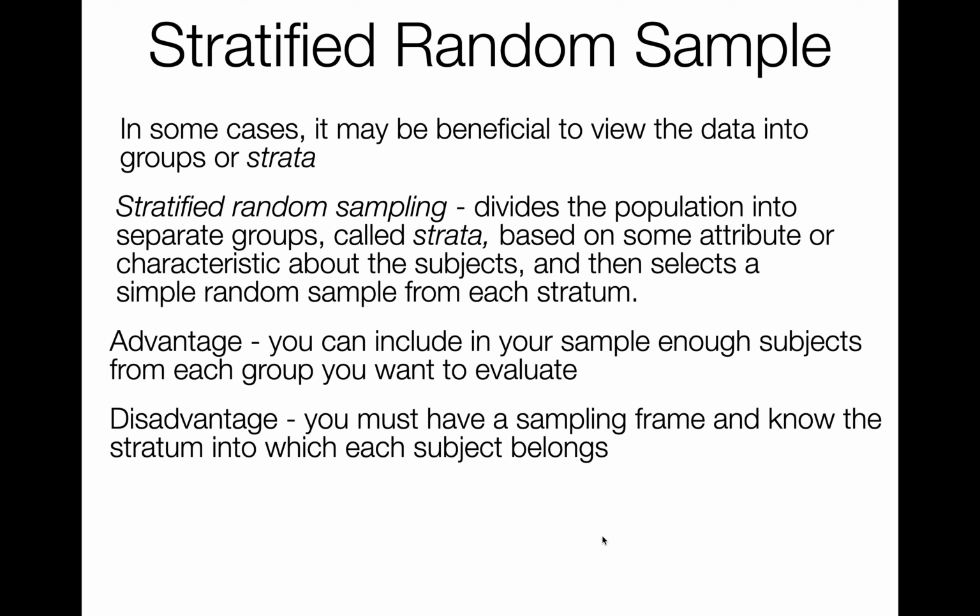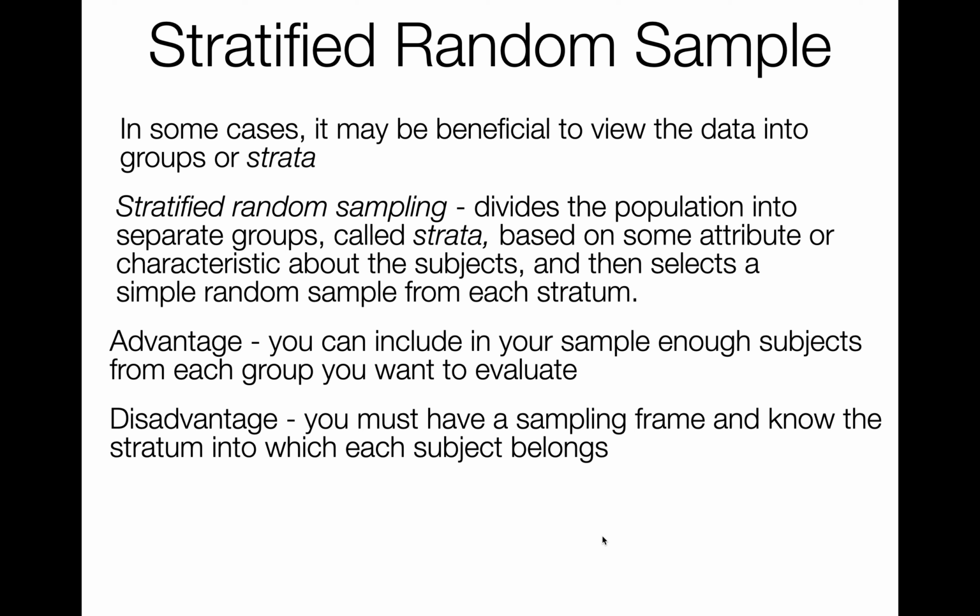Okay, and so I get a list of all the classrooms that are in use at a specific time. Okay, and so those are my blocks or clusters. And then I go to each classroom. Okay, I pick out random classrooms. Okay, so I select a random sample of classrooms, and I go to them and I ask each person inside the classroom. Okay, so that is cluster random sampling. So I'd randomly pick the classrooms to go to, but I'd select everyone in that classroom.